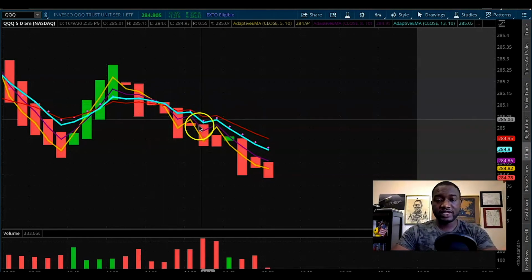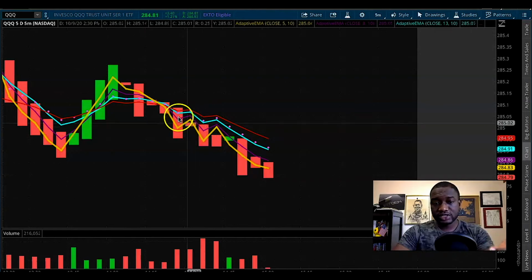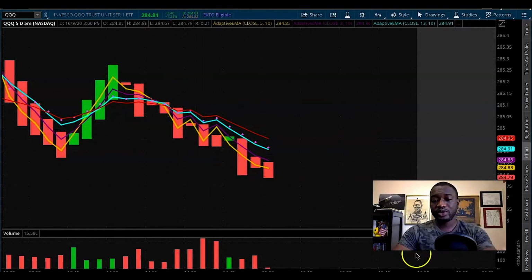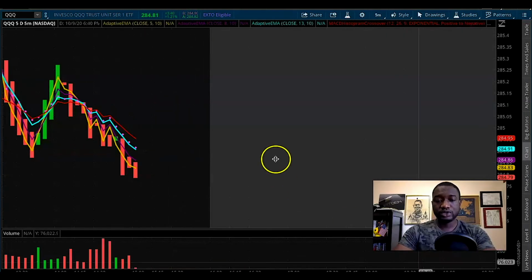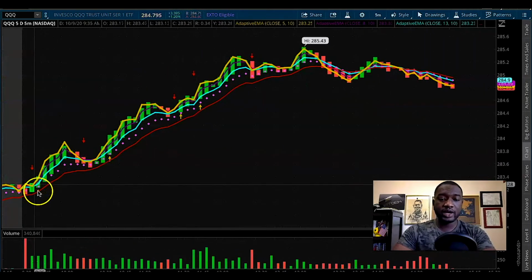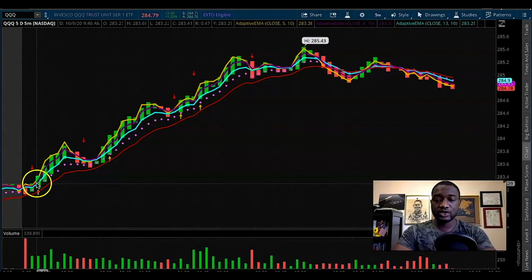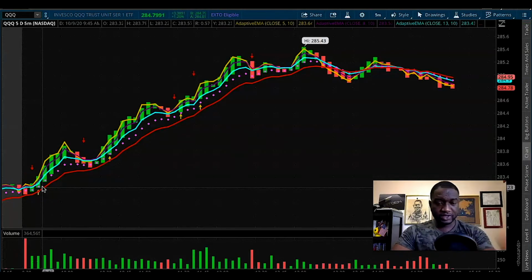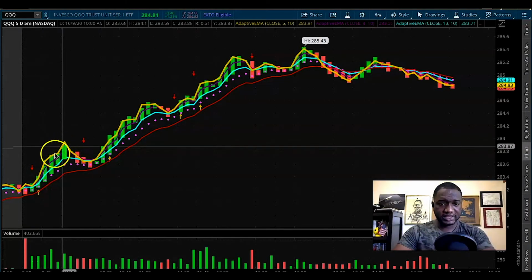So when everything is at the bottom, it usually would signify that the price will go down later on. Same thing too with here, when the price was on top of the 15 period moving average, on top of the 10 period moving average. Everything was basically on top.